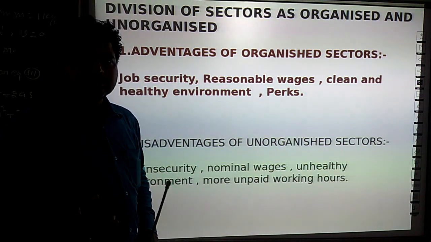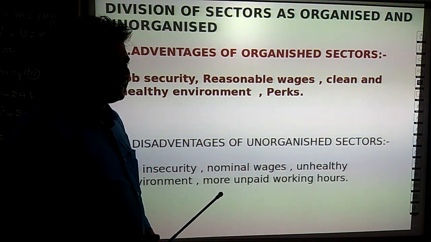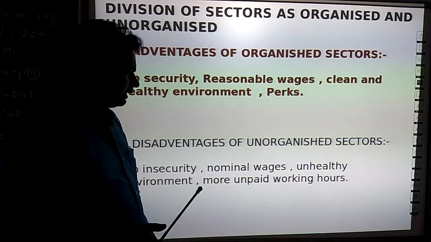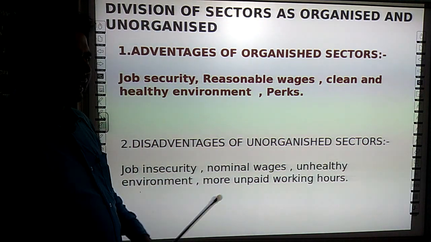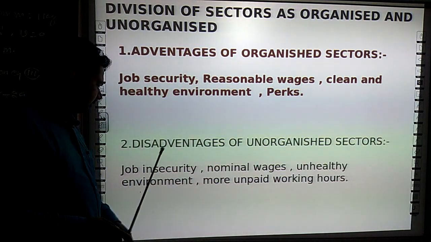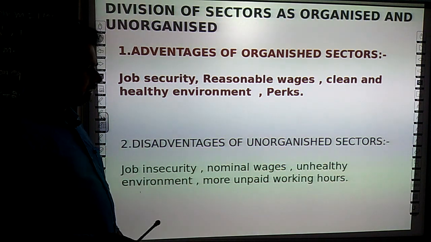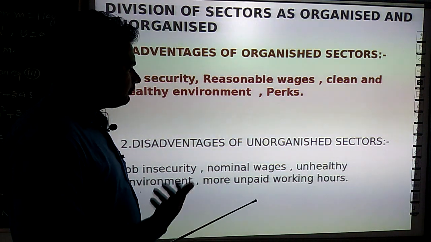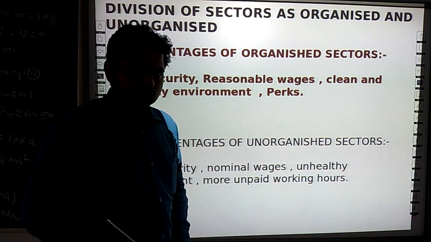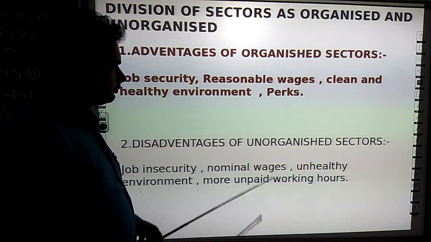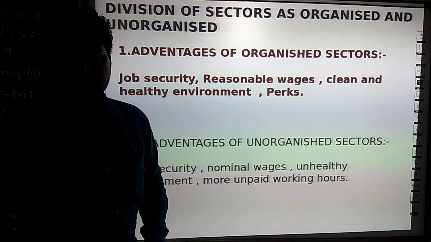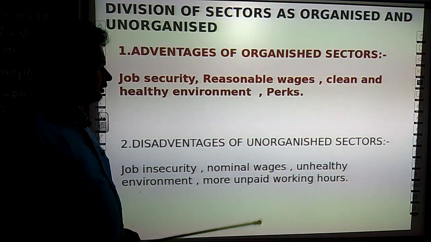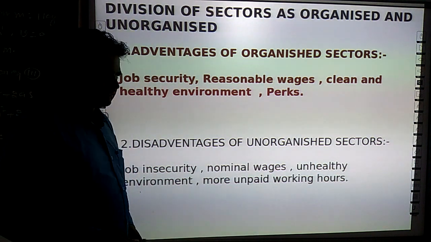In case of disease or casualties, people from the unorganized sector suffer a lot. They even have to work in an unhealthy environment, and they have to do more unpaid work in this sector. These are the major drawbacks of unorganized sectors.